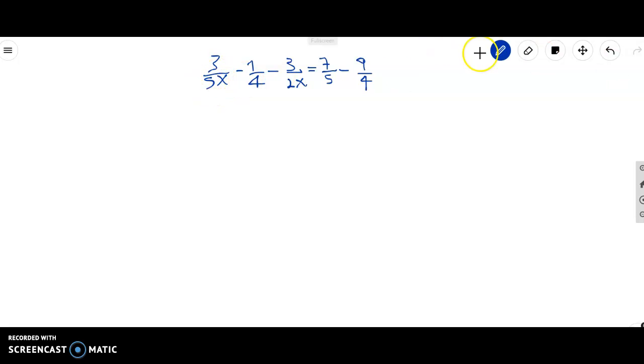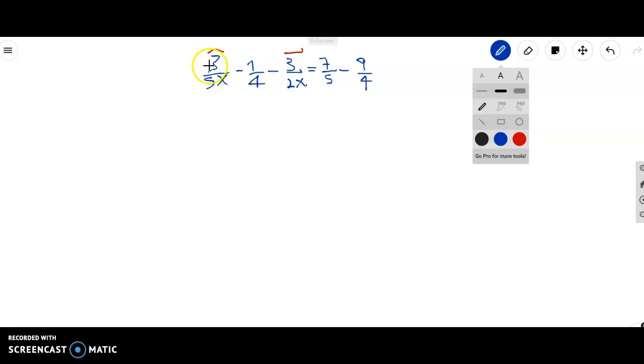In this case, this fraction has an x and this fraction has an x in the denominator, right? So we leave these numbers to the left of the equation and the other fractions will be to the right of the equation. So let's start with the first part.